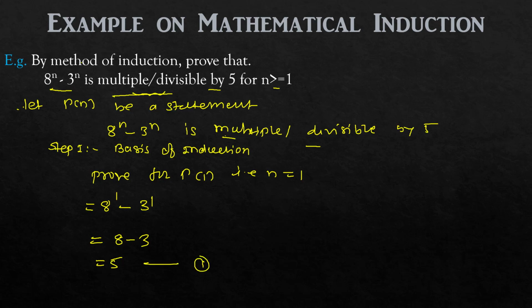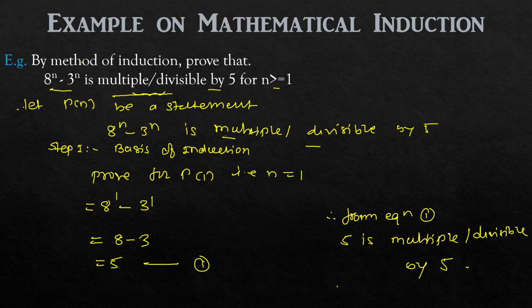Therefore from equation 1, 5 is multiple or divisible by what? 5. Therefore P of 1 is true for n is equal to 1.